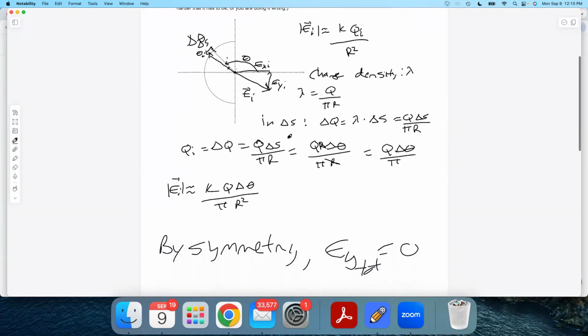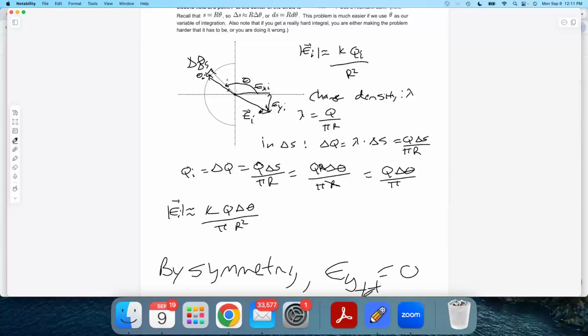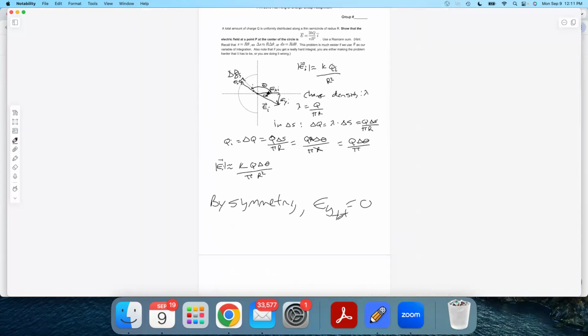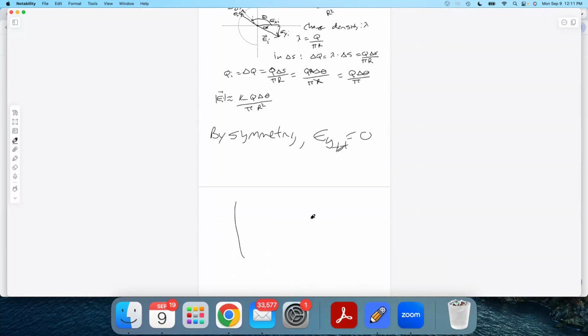Okay, now we've got to figure out E_x. So we're going to call this angle here alpha. Alpha is this angle below the x-axis here. So I'll draw that picture a little bigger. Here's the magnitude of E_i.